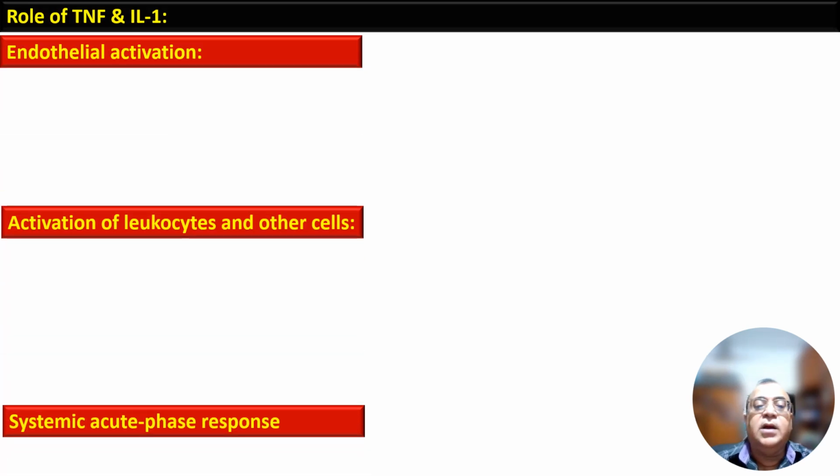The interleukin 1 and tumor necrosis factor are responsible for activation of the endothelial cell. Many changes occur in the endothelium that are collectively called endothelial activation. They are also responsible for activation of leukocytes and other cells and the systemic acute phase response.